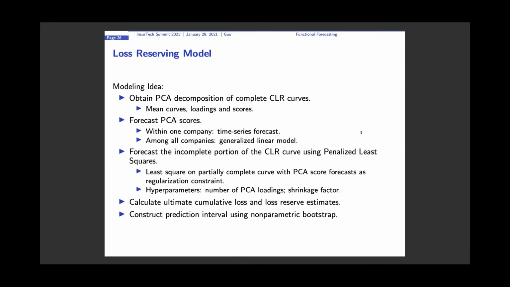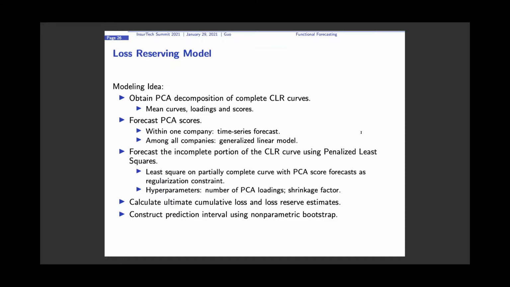Now that's briefly the idea. So we're also going to rely on the PCA decomposition of the complete CLR curves. By PCA decomposition, we'll be able to obtain the mean curve, loadings, and the PCA scores. What we'll be forecasting are the PCA scores.